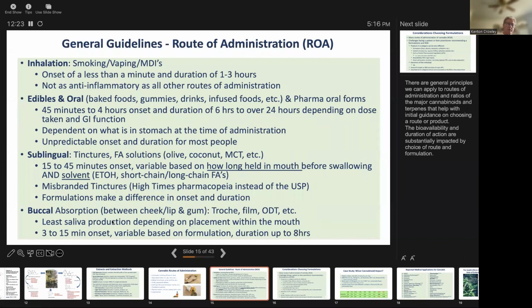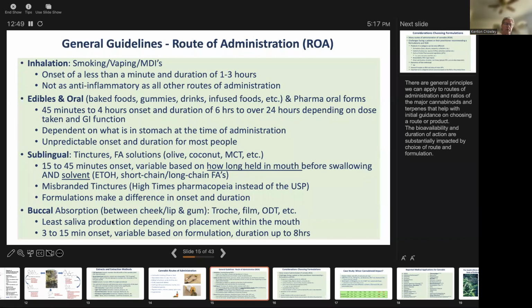Edibles and orals generally have a 45 minute to 4 hour onset of action, and the duration is 4 to 24 hours. It's really dependent on what's in the stomach at the time of administration. And this is where it has such an unpredictable onset and duration for most people.